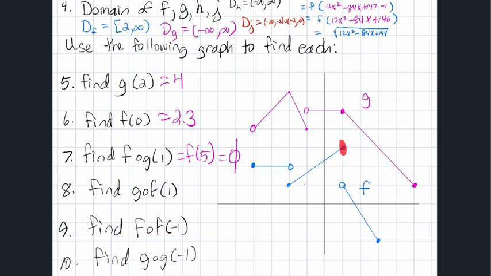So our value is 3. If we start with the inside, this F of 1 value is 3. So this is next really finding G of 3. Now we go over to our x value of 3, but this time we look on the G function. And the G function is at 3. So our final answer is 3.